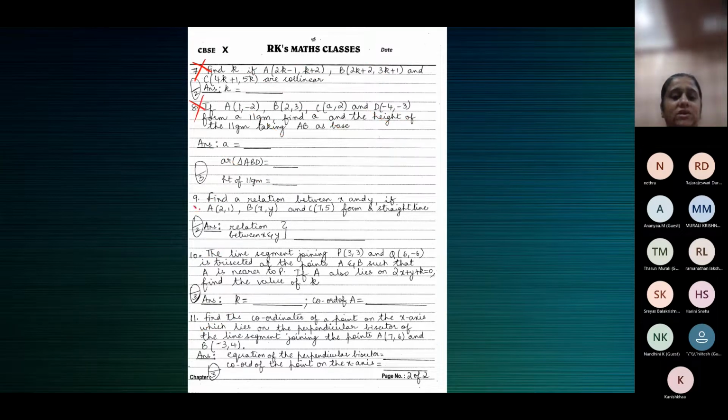Try 9, 10, 11. Find a relation between X and Y if A, B, and C form a straight line. Students, please try. I'll just come back.